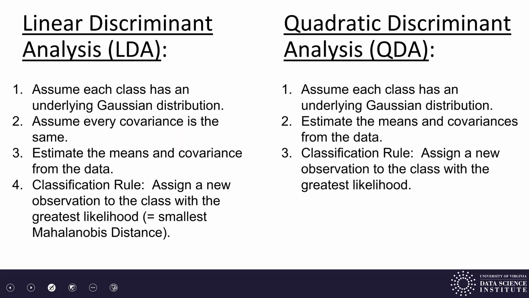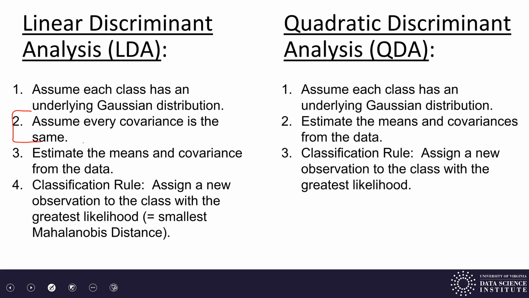Okay, so moving on to the LDA and QDA methods, both linear discriminant analysis and quadratic discriminant analysis. First step is we assume each class in our data set has an underlying Gaussian distribution. In LDA, we're going to add an additional assumption that every covariance is the same.